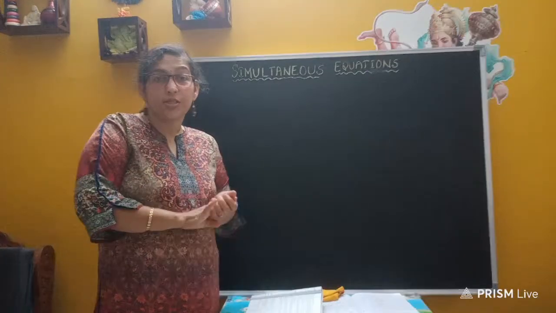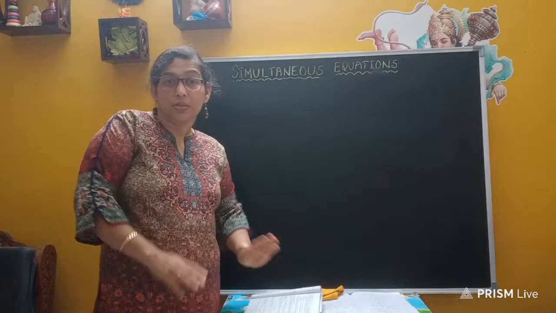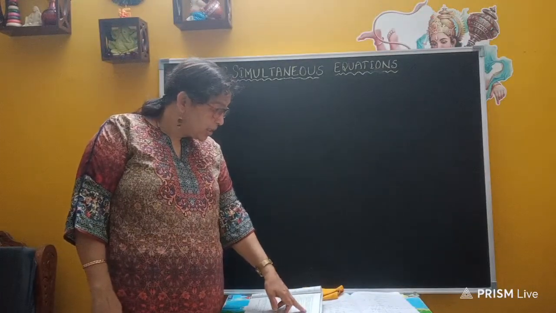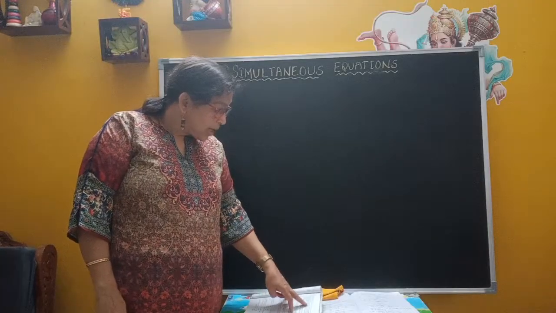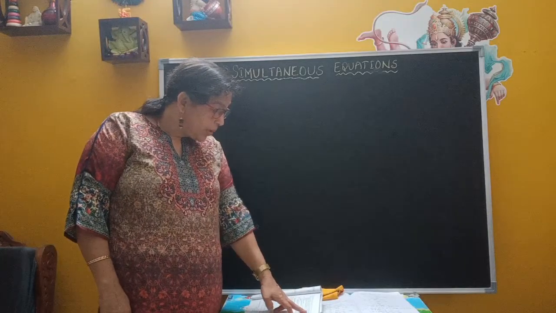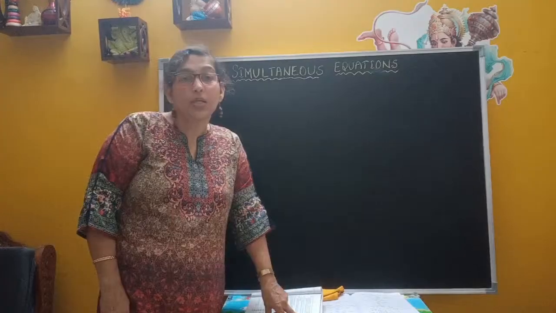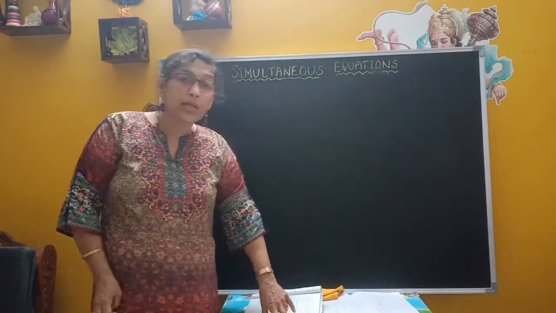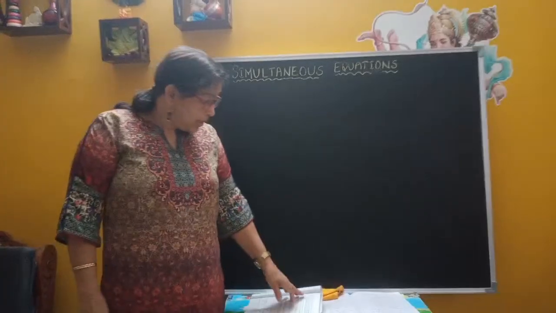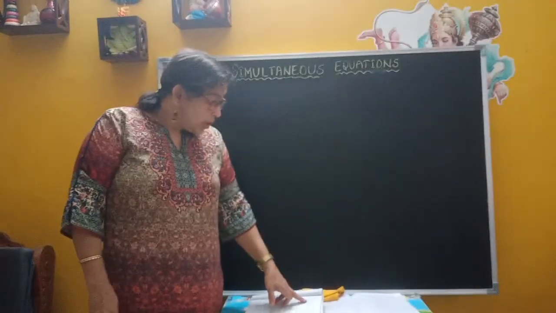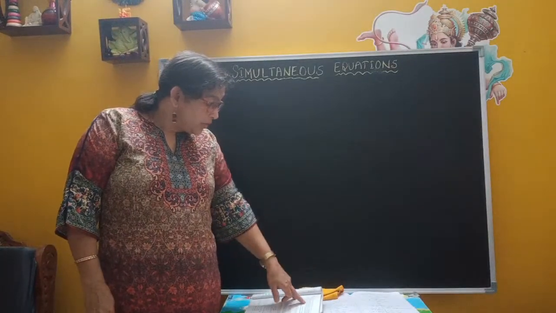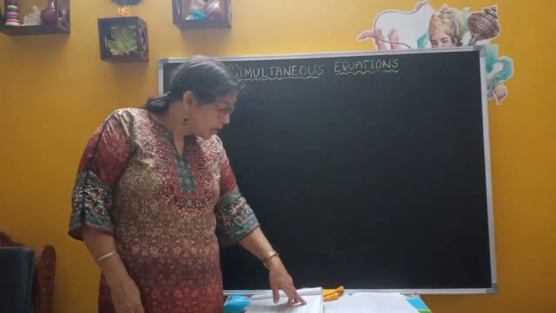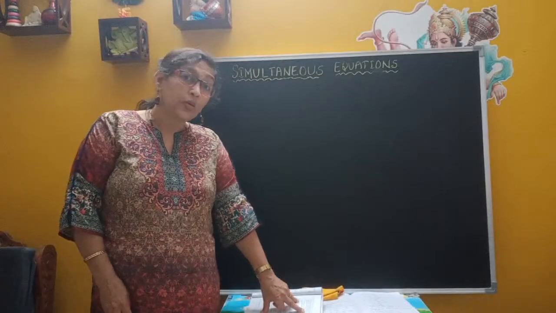You might have observed this. Okay, so that type of problem is this. Here, the taxi charges in a city. A person is traveling for a distance of 10 km, and the charge paid is 105 rupees. So the person has traveled 10 km and has paid 105 rupees. And in the same taxi, let us consider another person has travelled 15 km, and the charge paid is 155 rupees.